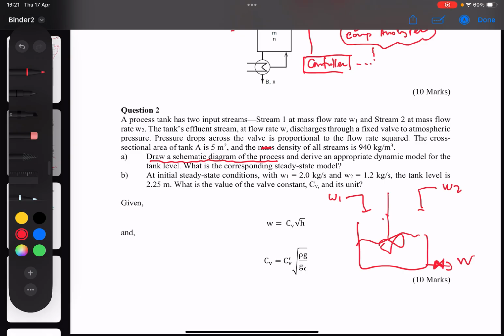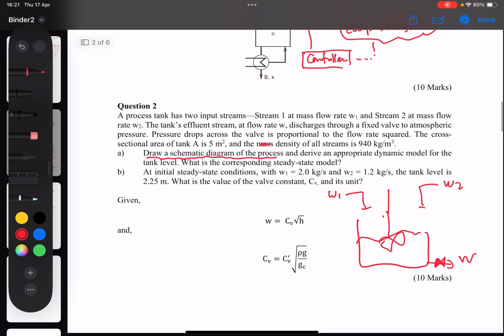So what does it mean to derive an appropriate dynamic model for the tank's level, and what is the corresponding steady state model? This one means that you have to derive the unsteady state model in terms of the tank level.